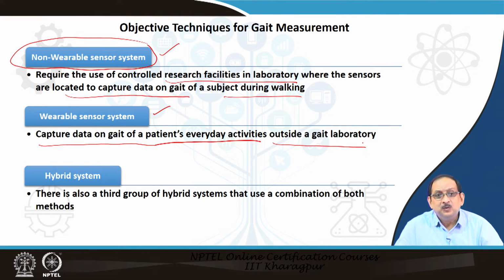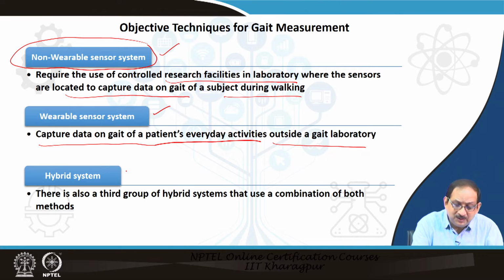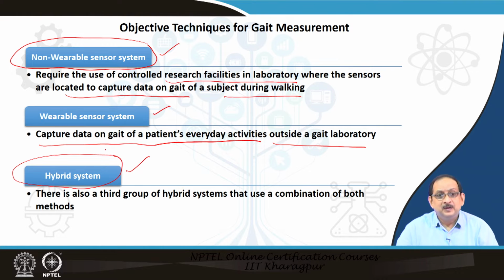This can be done when we are relying on wearable sensor systems. There is also a third type, which is called the hybrid system, that uses a combination of both non-wearable sensor and wearable sensor.